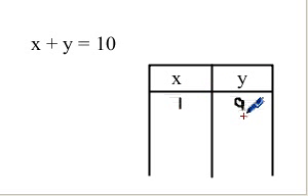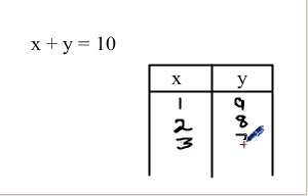That would be one set that would go in there. Another pair that would be in order would be 2 and 8, and 3 and 7, and 4 and 6, etc. And you can see that as the x value is increasing, every time it goes up by 1, the y value goes down by 1. So you can see that relationship between the x and the y here.